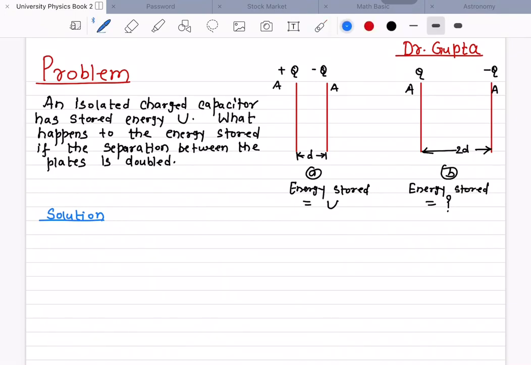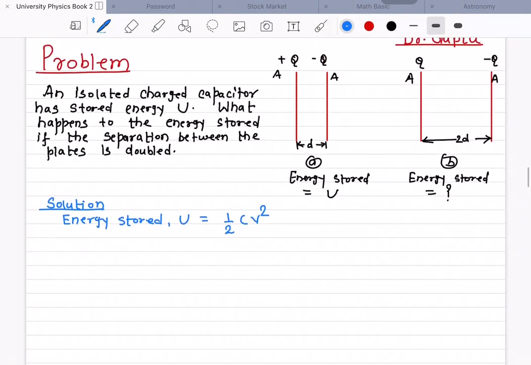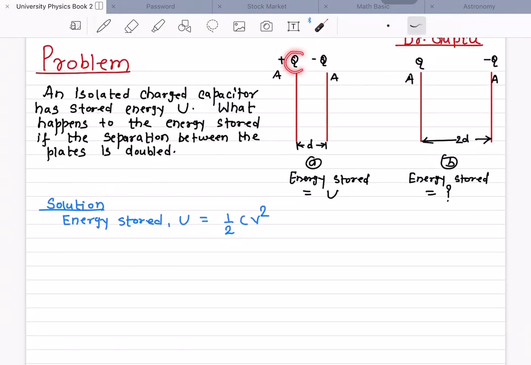Okay. So remember, the energy stored in a capacitor, which we denote by U, is given by half C V squared. And in the problem, we're given the Q. We do not know anything about V, so we'll change it to Q. How are we going to do it?